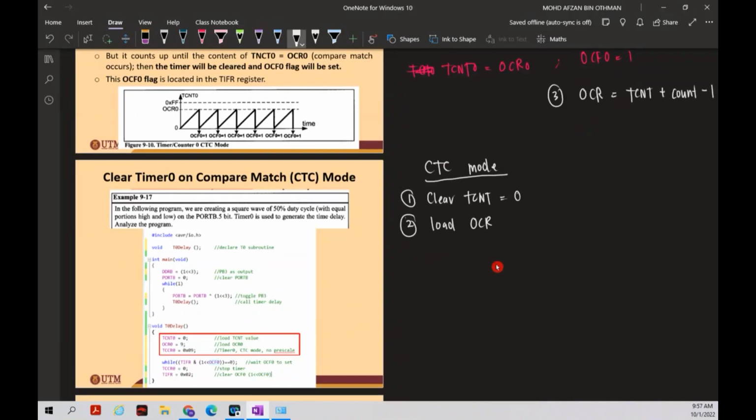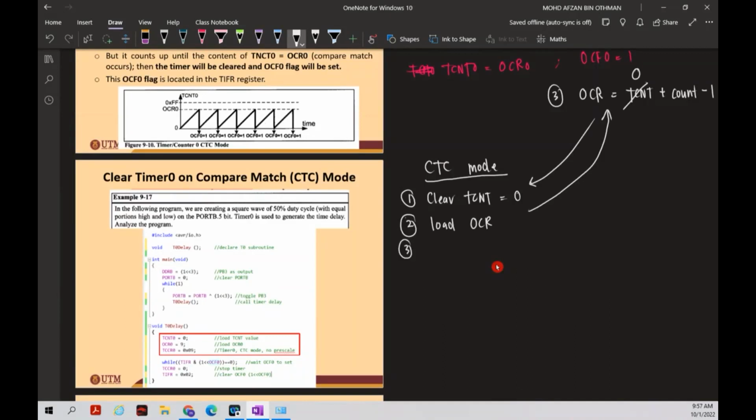This replaces TCNT equal to FF minus count plus 1. And the TCNT is always 0, because from the first step you always clear your TCNT. So actually, OCR equals count minus 1. You load your OCR based on this equation number 3.